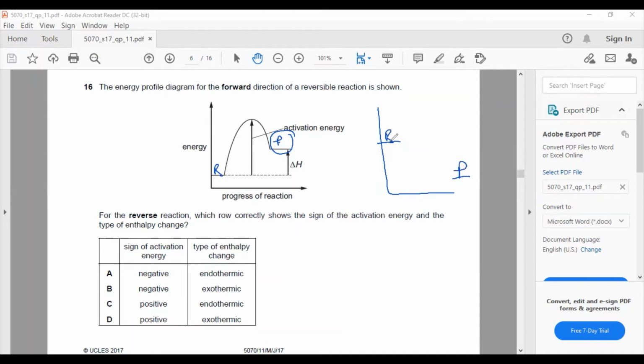This is endo, so the equation will be like this. Activation energy is always positive. A and B are wrong. But delta H is exothermic. So what's the answer?